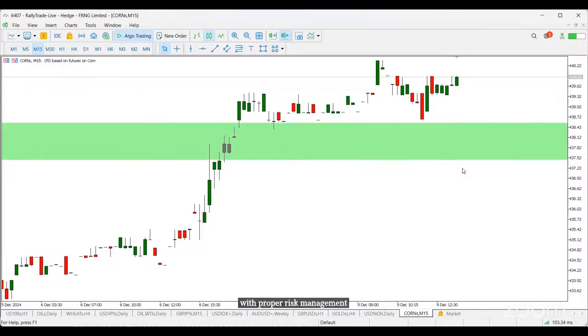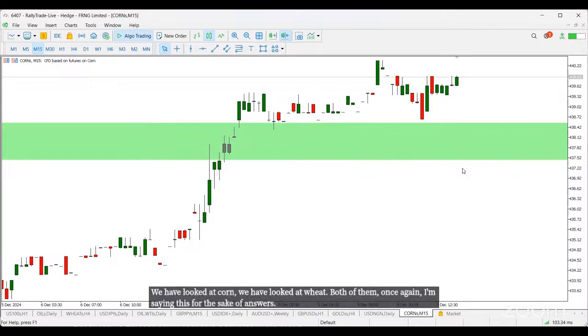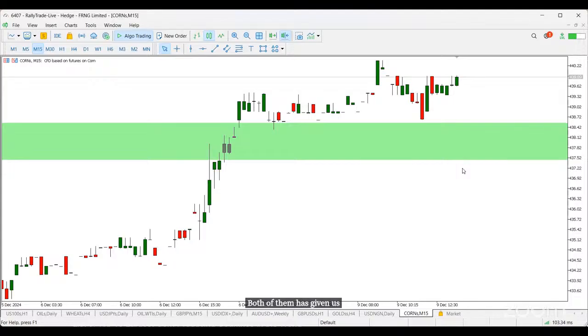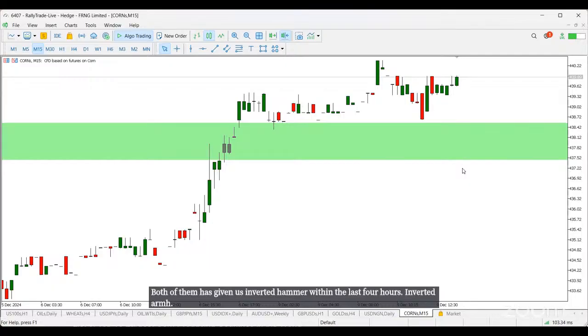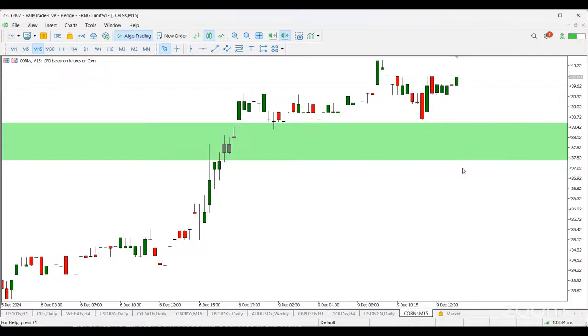So when it comes to agro commodities for this week, we have looked at corn, we have looked at wheat. Both of them, once again, I'm saying this for the sake of emphasis, have given us an inverted hammer within the last 4 hours. An inverted hammer shows us a negative or bearish momentum, especially when the inverted hammer is at the top.